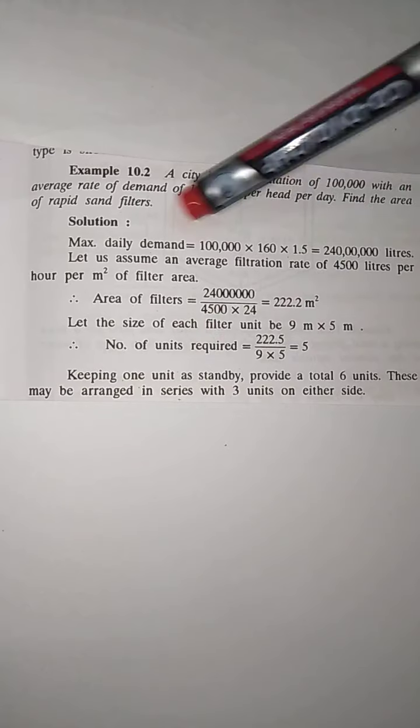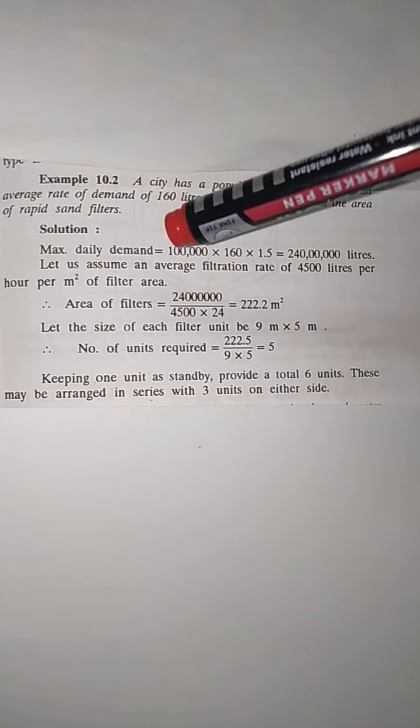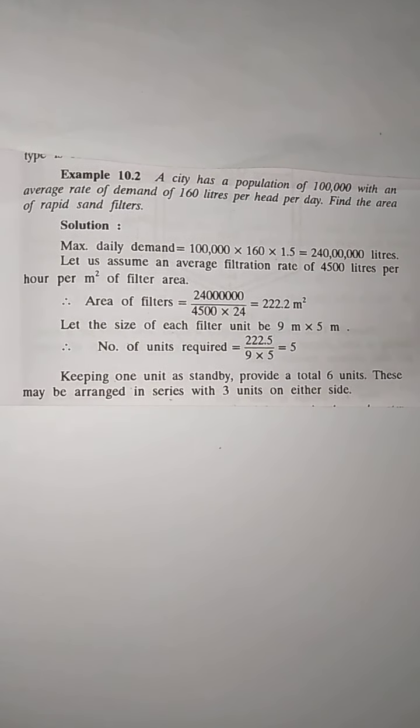So this is one more type of problem, where you are not given the rate of filtration. Here you need to assume certain things. Here again your area has to be determined. So we can solve the problems on filters like this. In your syllabus they are not going to ask you problems on the under drainage system.